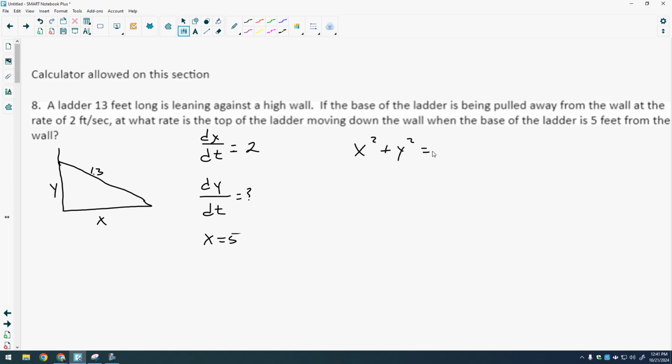So x squared plus y squared equals 13 squared. Take the derivative, so 2x times dx/dt plus 2y times dy/dt equals the derivative of 13 squared, which is a constant, so it is 0.